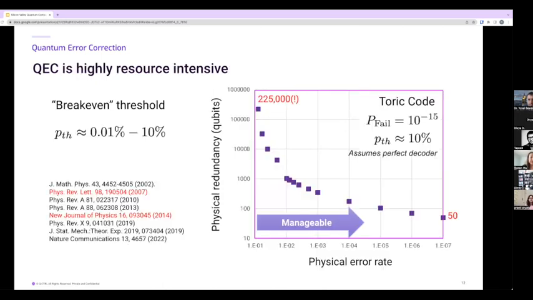In addition to the amount of overhead involved that introduces a multiplicity of errors, we also require quite a high amount of resources in order to implement quantum error correction.